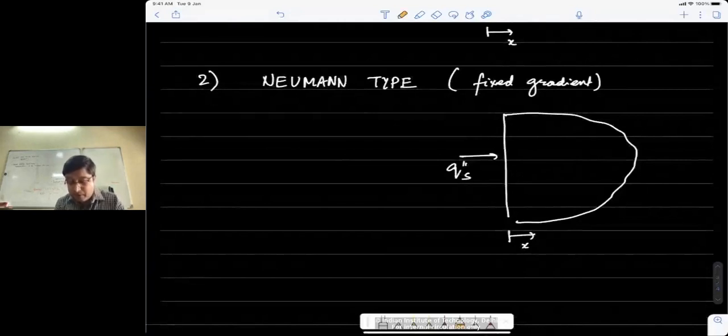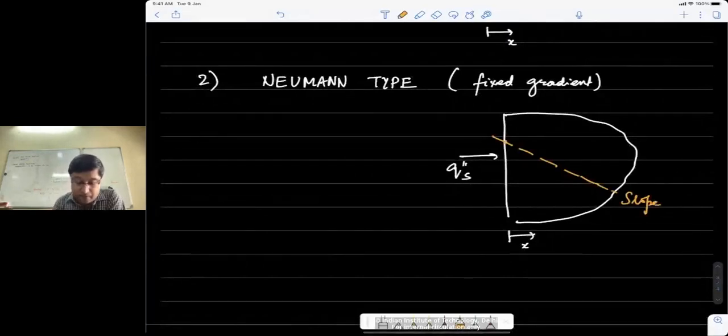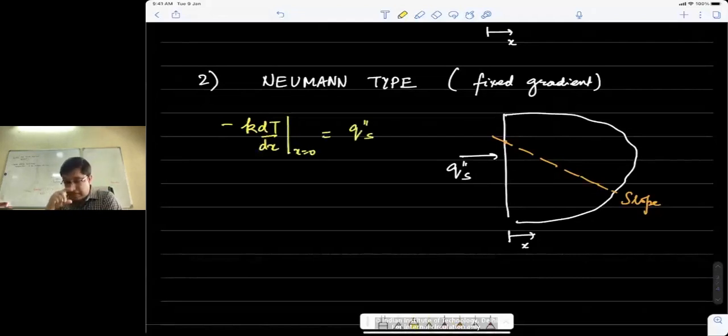So maybe the solution would have a slope of a certain type. This is a slope line. So the slope is given at x equal to 0, which means, in a sense, what we are given is minus k dT/dx at x equal to 0 in the solid is given as the flux value.